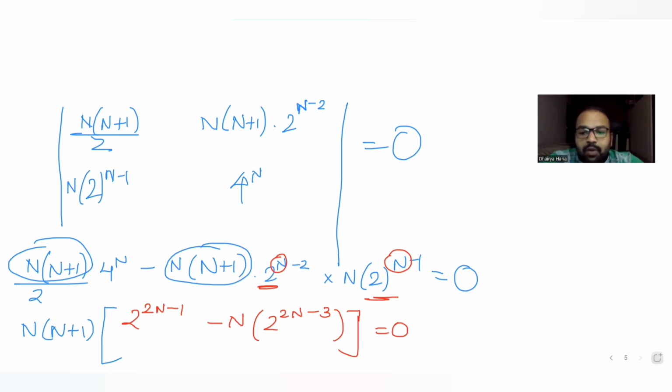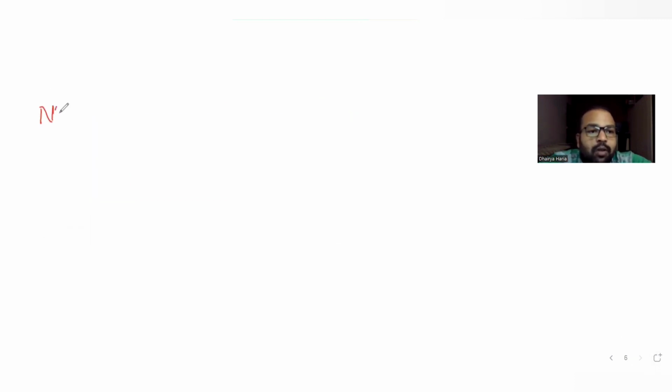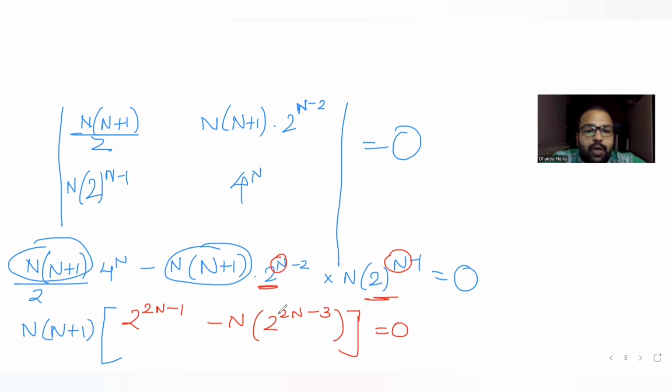So n into n plus 1 was already common. I can still take out 2 raised to 2n minus 1 common again. When I'm taking 2n minus 1 common here, there are two 2's left, that is 2 raised to minus 2 is still left.